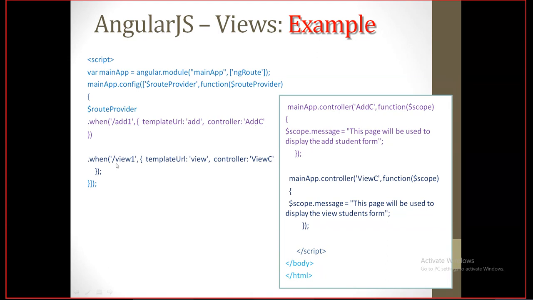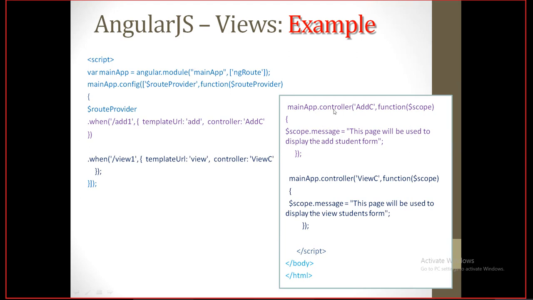Similarly, if we have selected the URL view1, then the ID is view and the controller from where the data will come is viewC. So that we do in the config function. Now this is how we have established our application module.